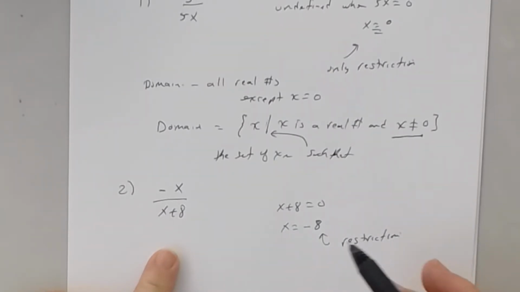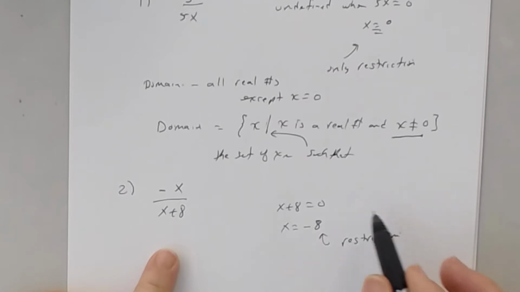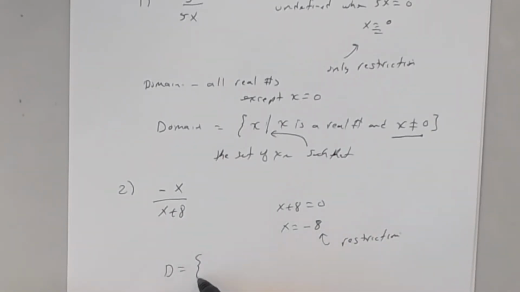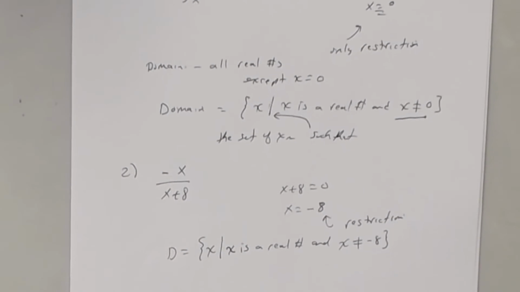So in other words, I can use any real number except what? Negative 8. So your domain then would be the set of x's such that, and what else do I write? x is a real number, and x what? Cannot equal negative 8. That's what you write.